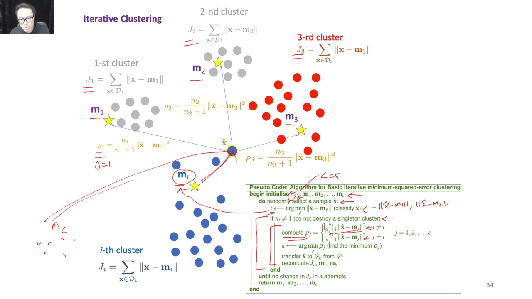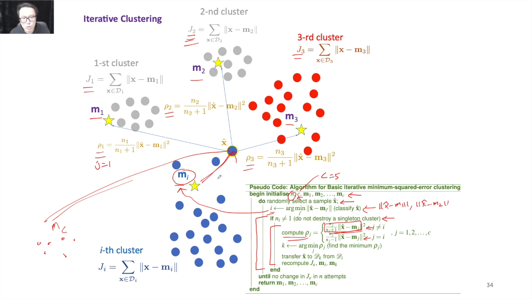So this is the amount that the cost will increase after the moving. And then we do the same, x moves to m2, and this is the amount j2 will increase, and then x moves to m3, this is the amount j3 will increase.